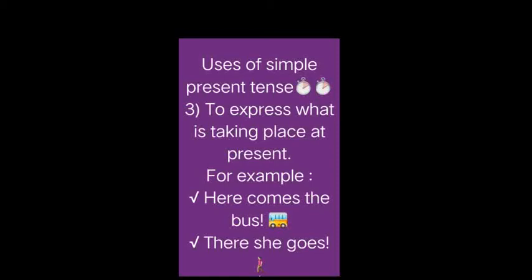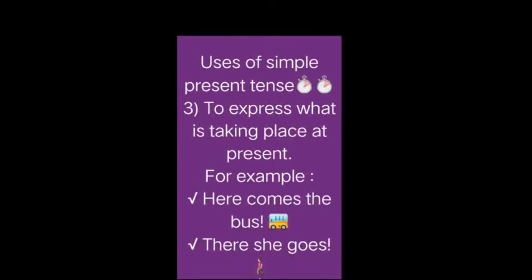What is an exclamatory sentence? Sentences which express emotions, like, for example, alas, the dog is dead. Hooray, we won the match. Such types of sentences are known as exclamatory sentences. Sentences which express some emotions or feelings.